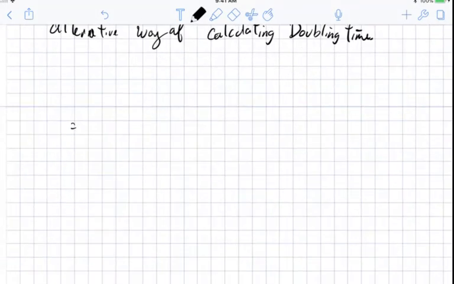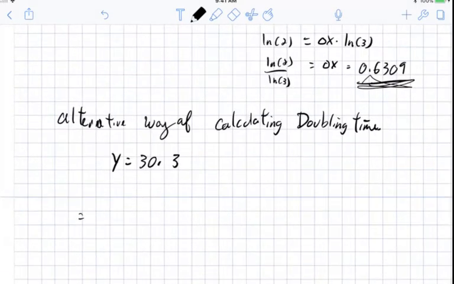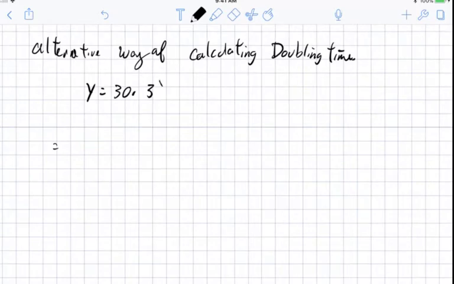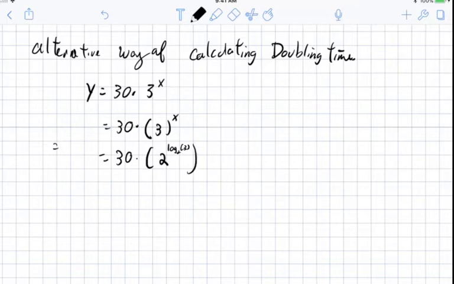Y is equal to 30 times 3 to the x. I can use the change of base formula to change the base of the exponential. So you can put 3 in parentheses there. So this is 2 to the log base 2 of 3, times x.